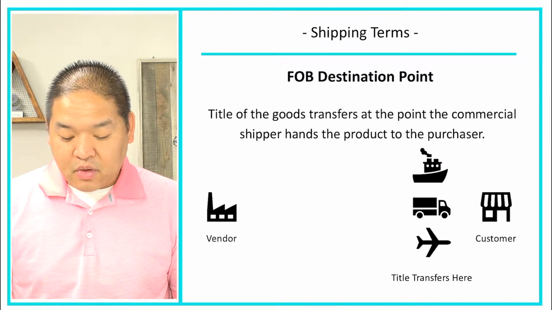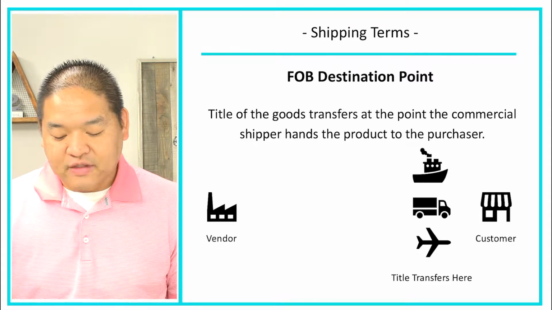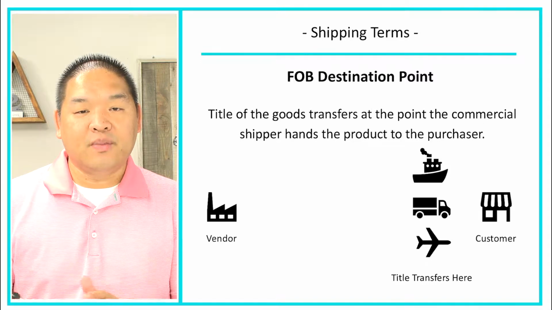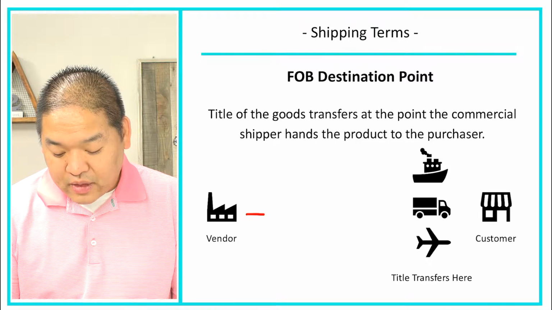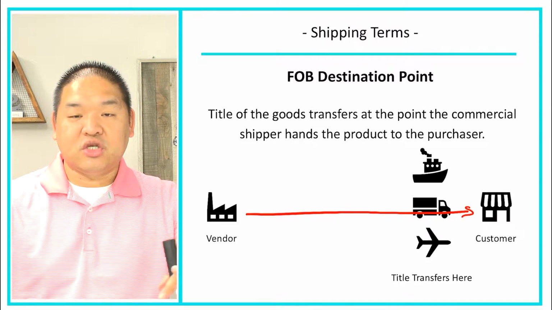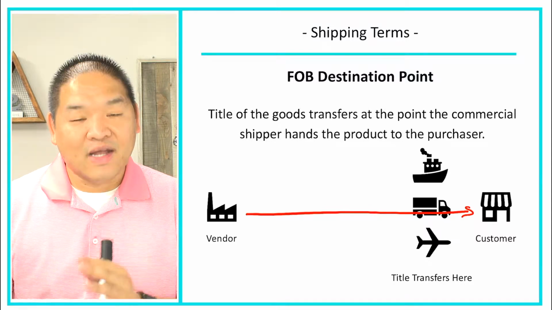Now let's talk a little bit more about destination point. So FOB destination point, title of the goods transfers at the point the commercial shipper hands the product to the purchaser. So for instance, we've got the vendor and the customer, and we go this way. And so the vendor gives the product to the shipper, but it's still owned by the vendor, not the customer.